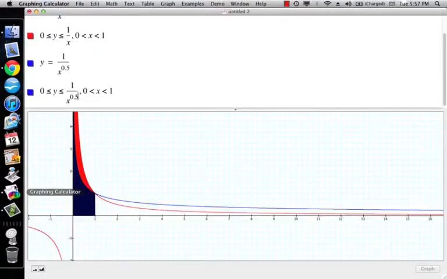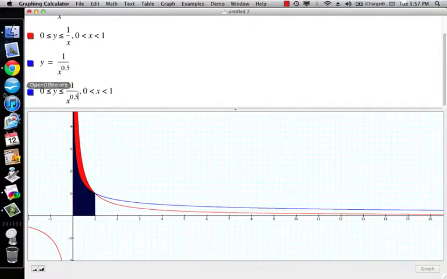So some integrals are more improper than other integrals. The area in red is infinitely large. The area in blue is 2. So there's a very, very fine line between 2 and infinity when you really think about it.